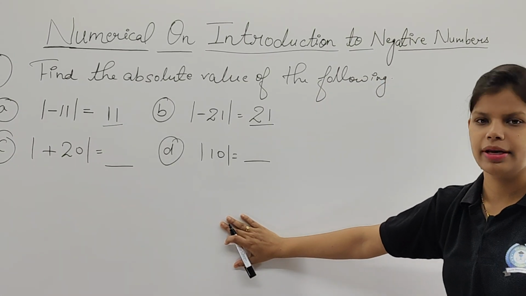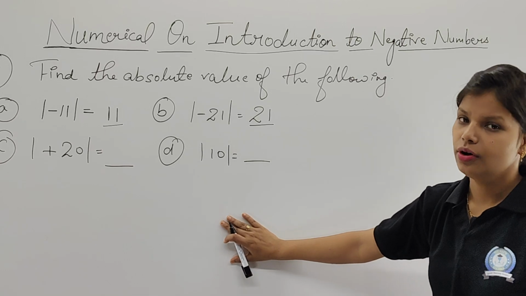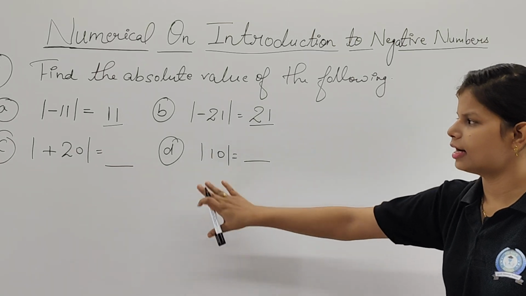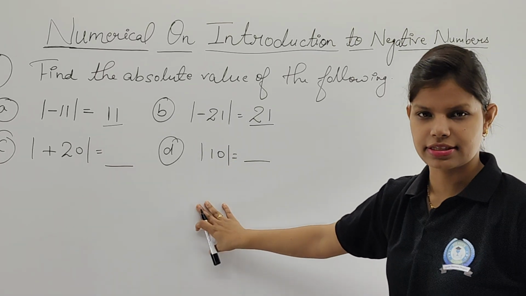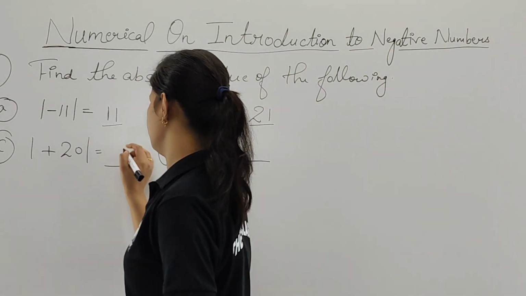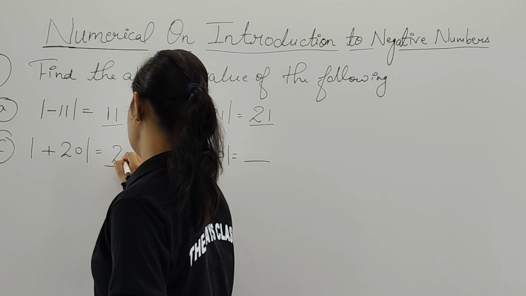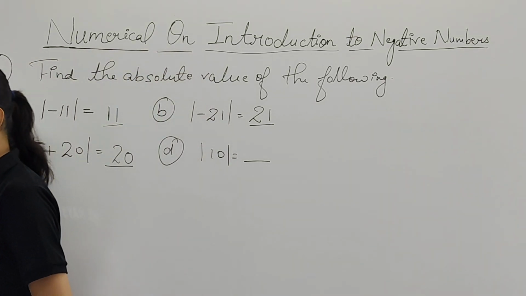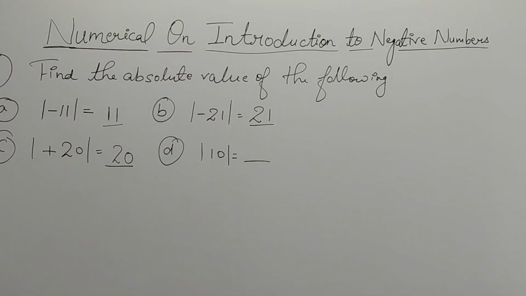I told you already, whether the number is positive or negative, we always get answers as positive integers. Clear? So here we are having plus 20. What are we going to get? We are going to get 20 as well. And please guess for the next one. Like first, minus 11 can be written as 11, minus 21 can be written as 21, plus 20 can be written as 20.